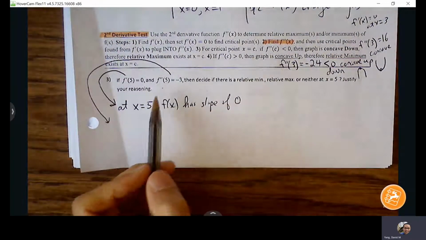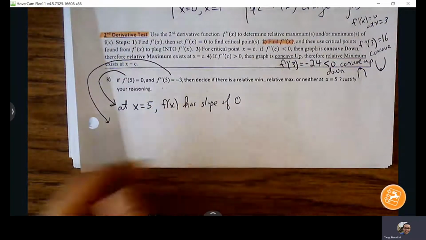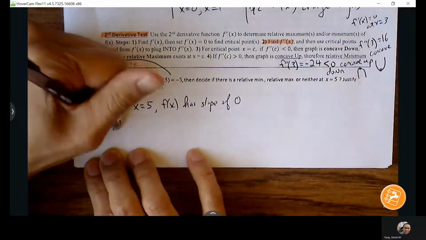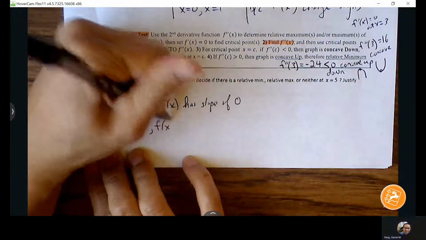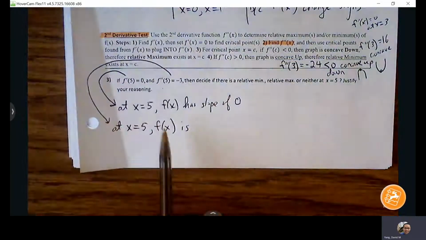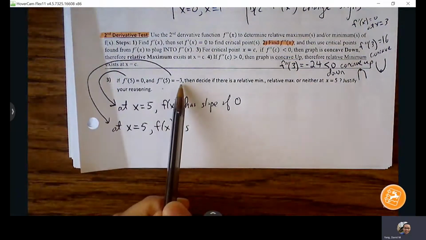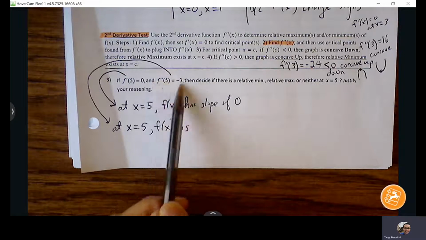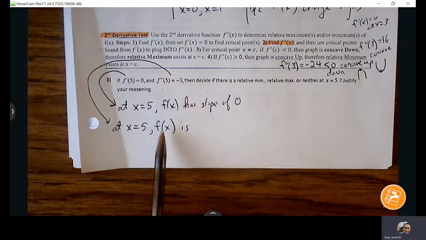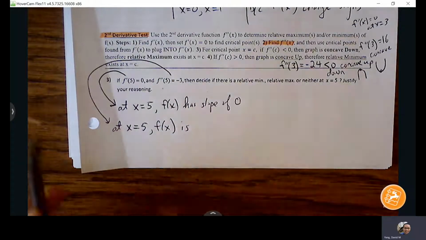If f double prime of 5 is equal to negative 3, what is that telling us visually? The 3 is not that important. It's the fact that it's negative. So what is a negative value telling us about the behavior of that graph? Concave down.